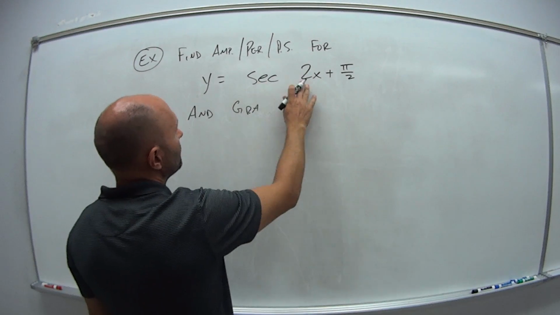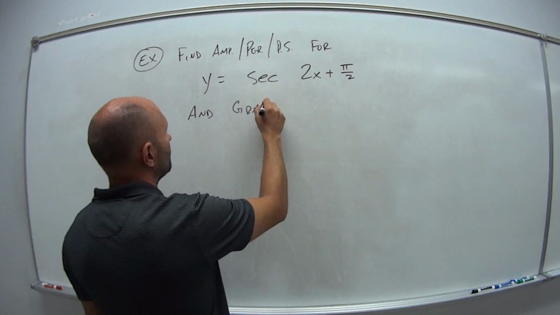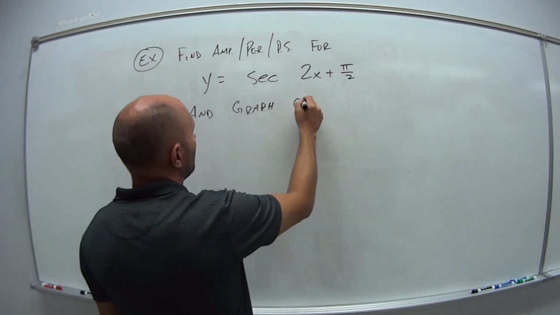Let's change this to secant of 2x plus pi over 2. Get a little difference there for us so we get used to this kind. And graph one period.